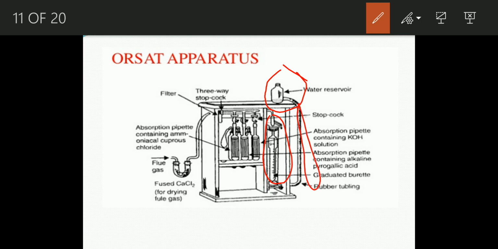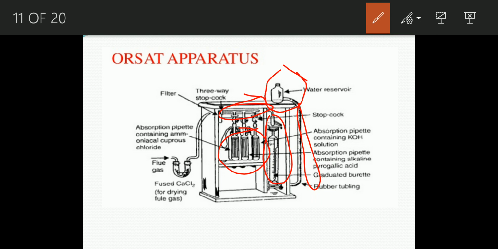Here you can see a series of 3 bulbs called absorption bulbs, provided with stopcocks, kept in series and attached to a long horizontal tube.